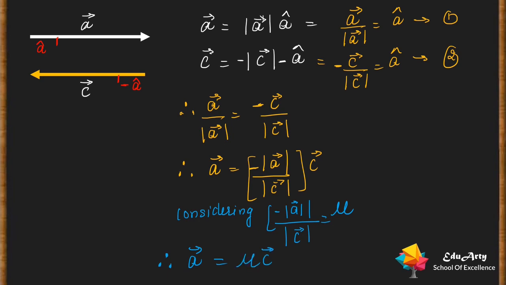I hope you're getting it, right? So basically if the vector is negative or the vector is in the opposite direction, then we will use mu, and if the vector is in the same direction, then we will use lambda, correct?